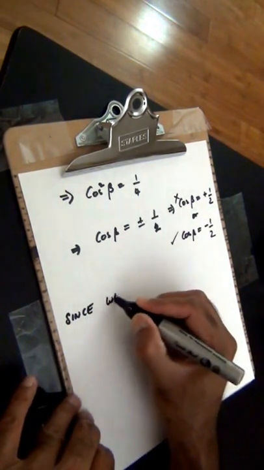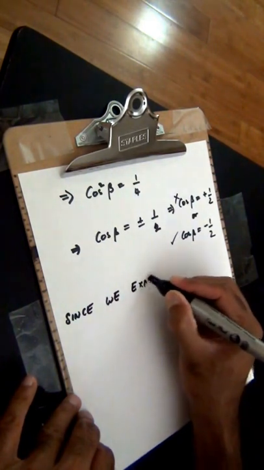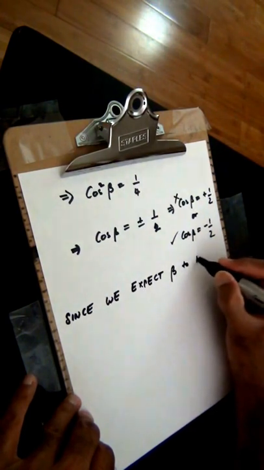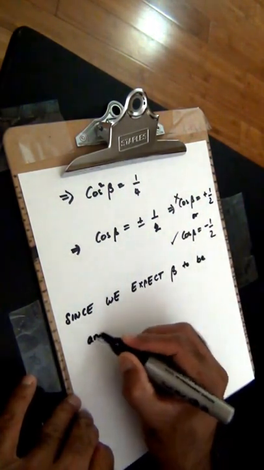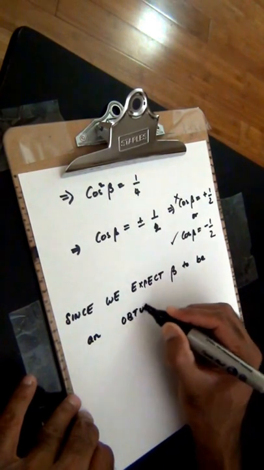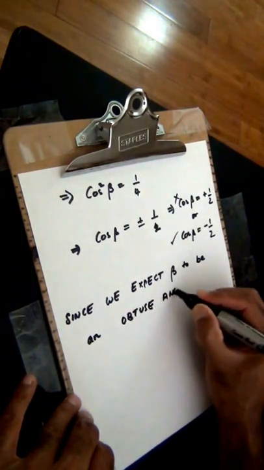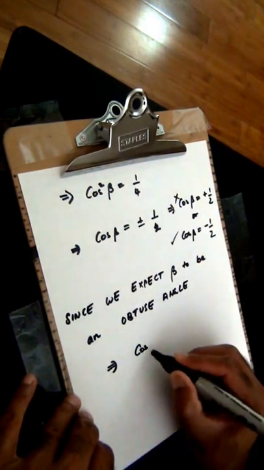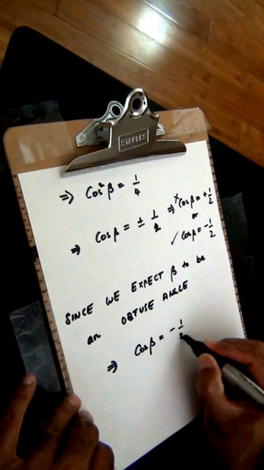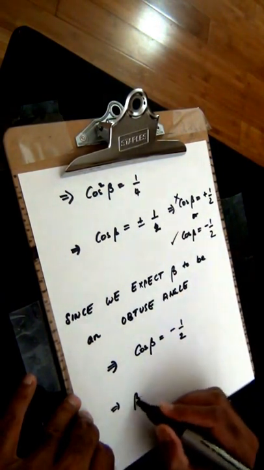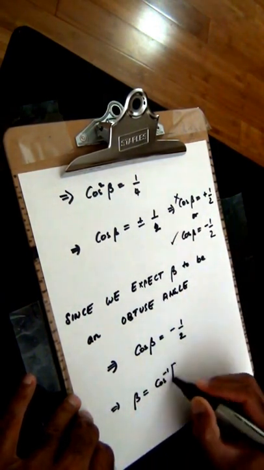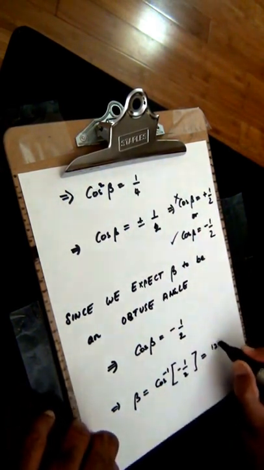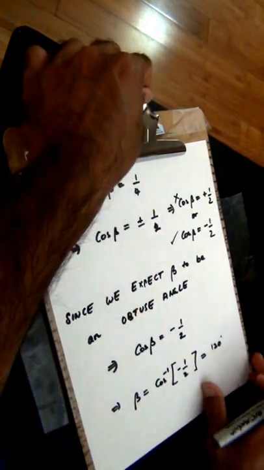And so since we expect beta to be an obtuse angle, this implies cos beta is minus half, so beta is the inverse cosine of minus half, which is 120 degrees.